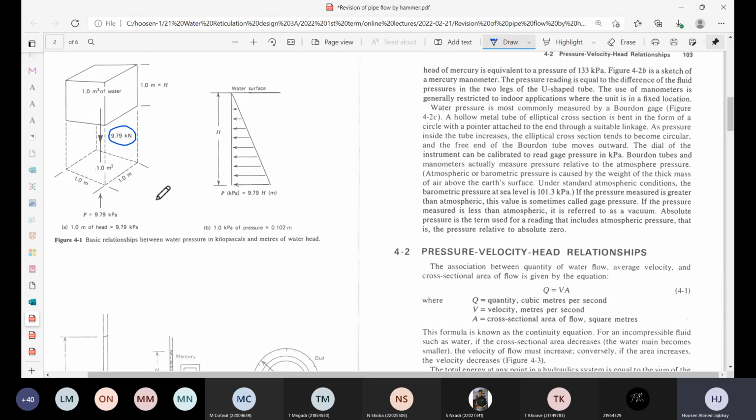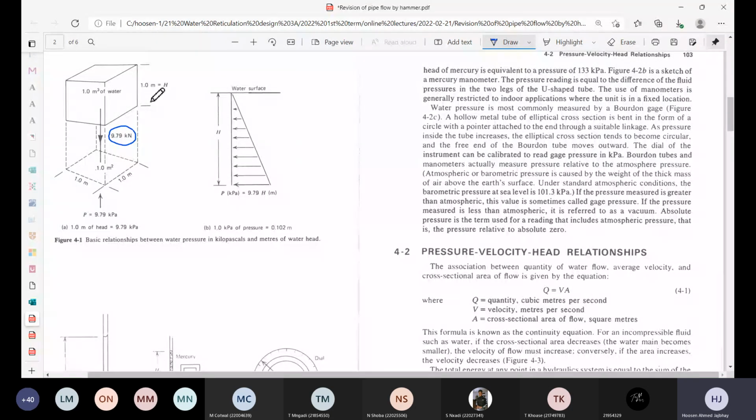Just to elaborate, in figure 4.1, the second cubic meter of water is drawn there. If you stacked another cubic meter of water on top of the first, the pressure on the ground would now be 2 times 9.79. If you stacked up a third cubic meter of water, it would be 3 times 9.79. You can write it out and do the calculations yourself, and you'll see it doesn't have to be 1 meter by 1 meter.